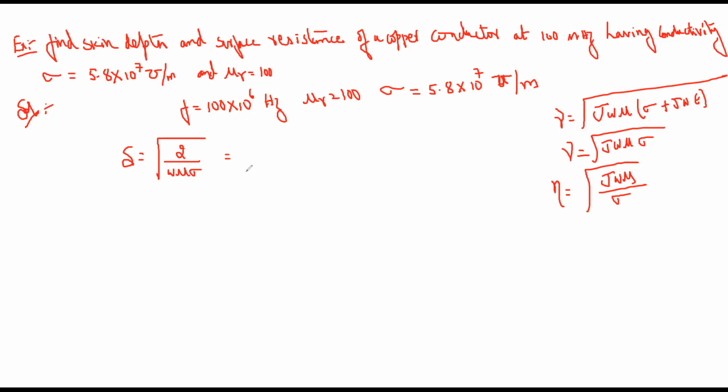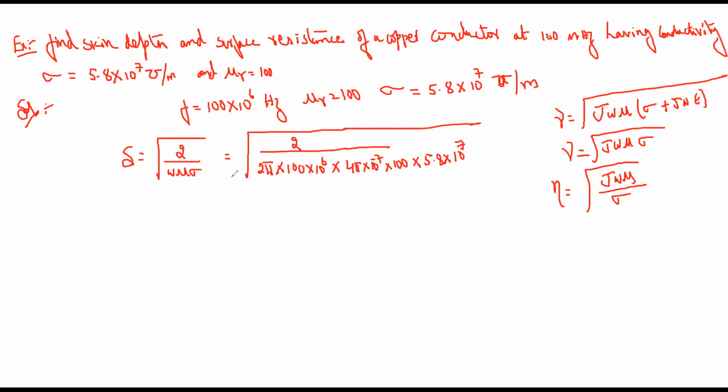So remember, my students. Under root of 2 by omega mu sigma, where omega is 2 pi f, and f is 100 mega, that is 10 power 6, and mu into mu r is also given: 4 pi into 10 to the power of minus 7 is mu naught, and mu r is 100, and sigma is also given, 5.8 into 10 power 7.